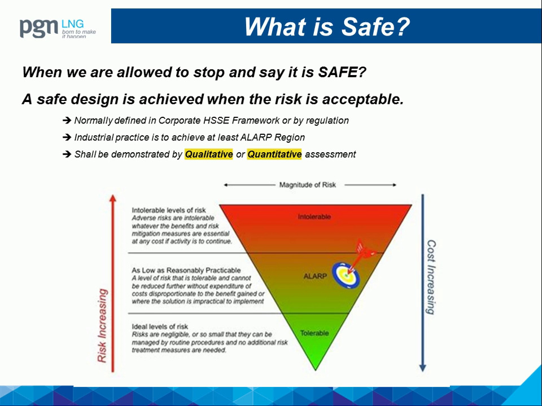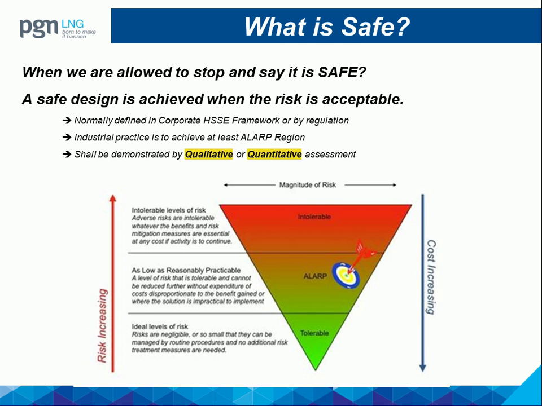So basically it shows the level of the risk that is tolerable and cannot be reduced further without we expend a huge amount or disproportionate cost to the benefit gained, or whether there is no other solution that is practical to implement.